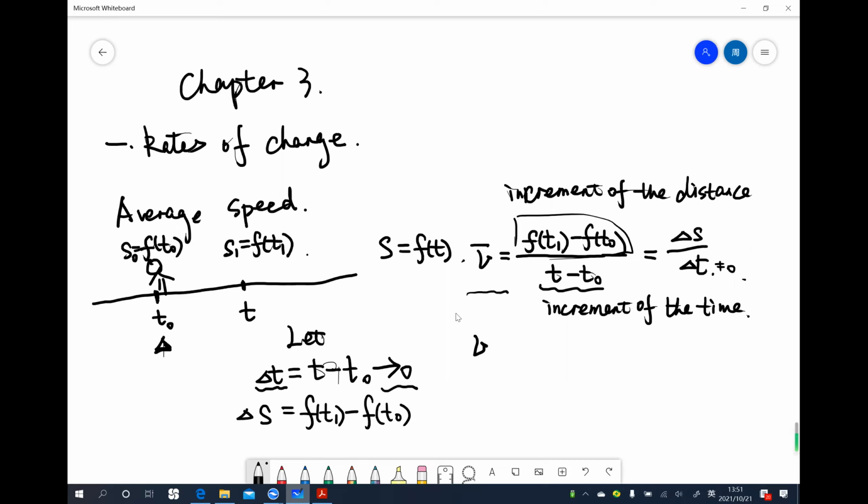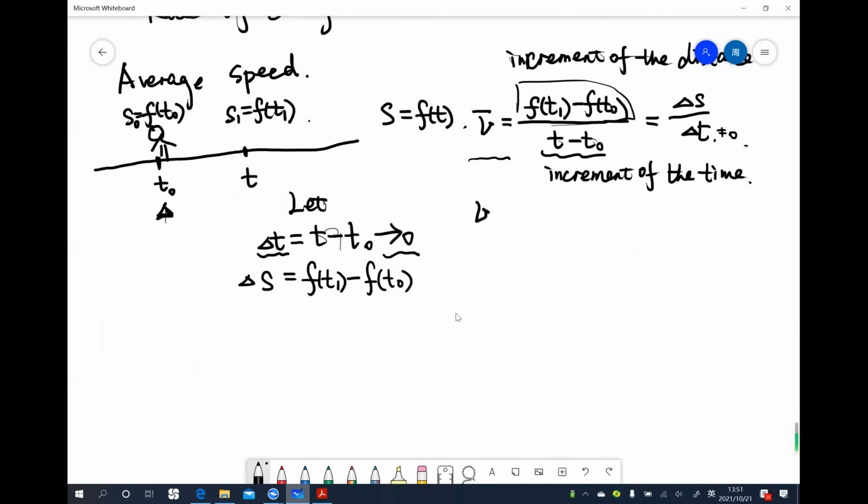Now we will use the tool we have learned, that is limit. I let delta t approach 0. If the limit as delta t approaches 0 of delta s over delta t exists, that stands for the speed at this moment.